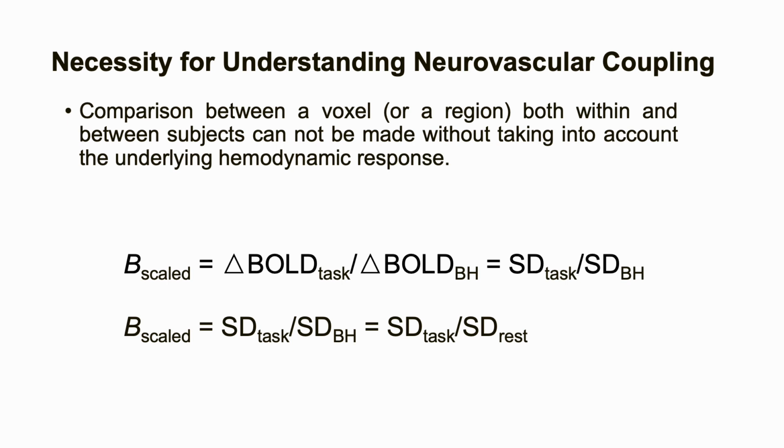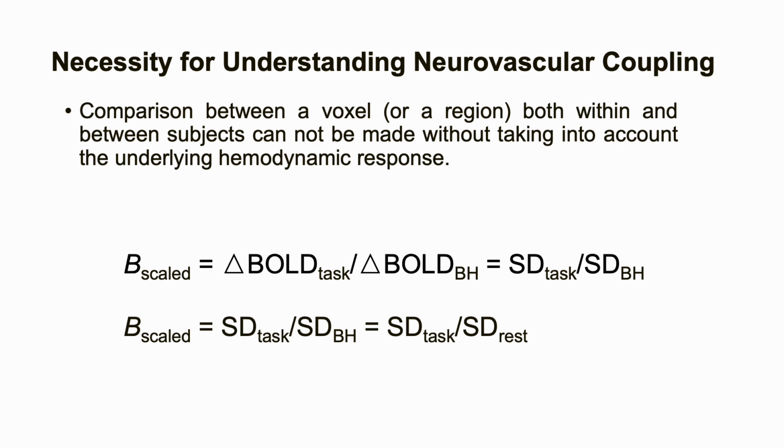To minimize the vascular or hemodynamic effect, since we are more interested in the neuronal effect, what has been suggested is to do a breath holding task or a hypercapnic task, because with hypercapnia there is only a vascular effect and no neuronal effect, to calibrate this with the BOLD signal.